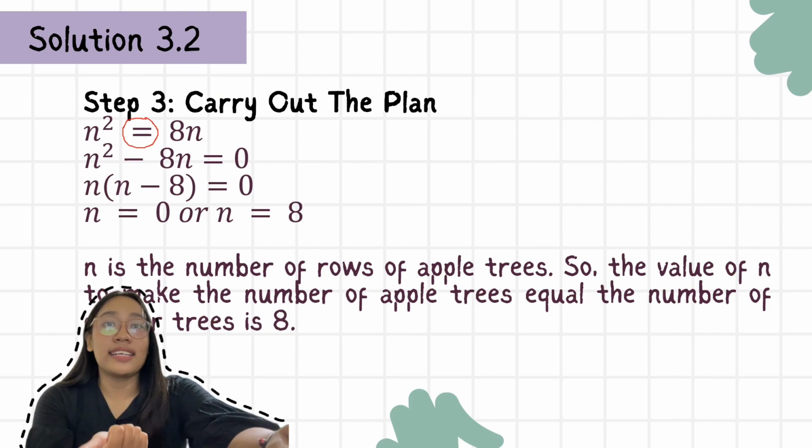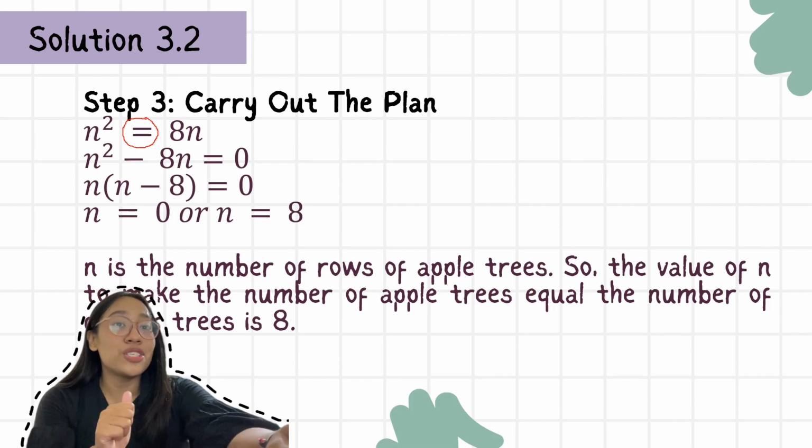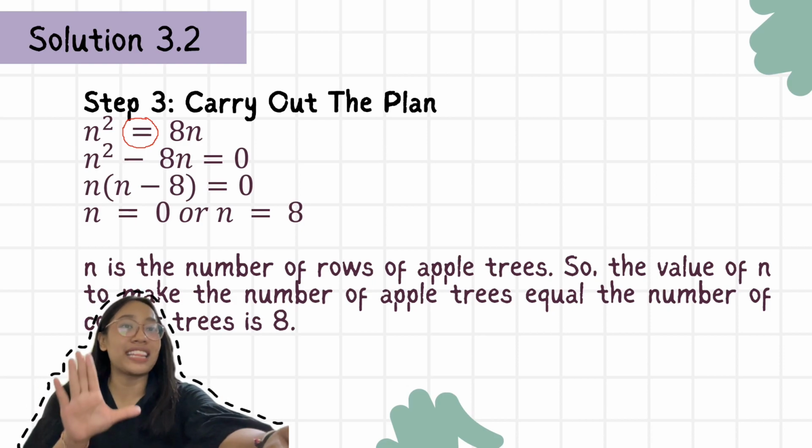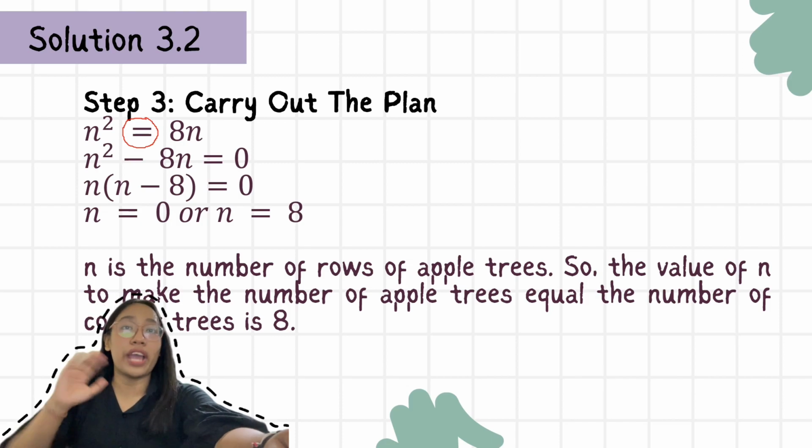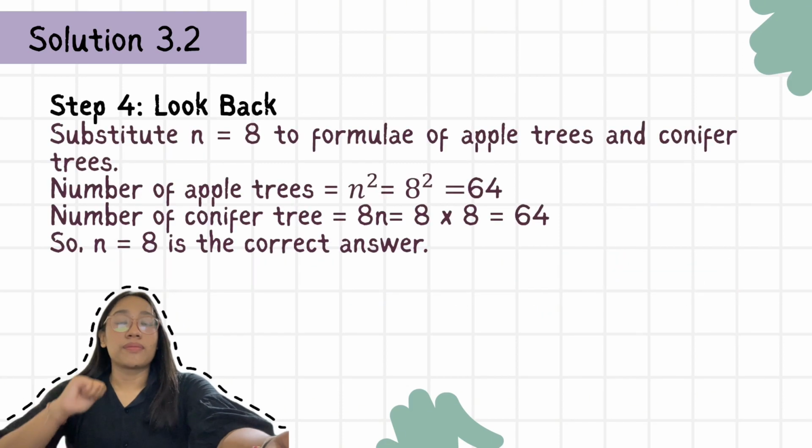So we get n times n minus 8 is equal to 0. So from that we get n is equal to 0 or n is equal to 8. From that we can conclude that n is the number of rows of apple trees, so the value of n to make the number of apple trees equal the number of conifer trees is when n is equal to 8.